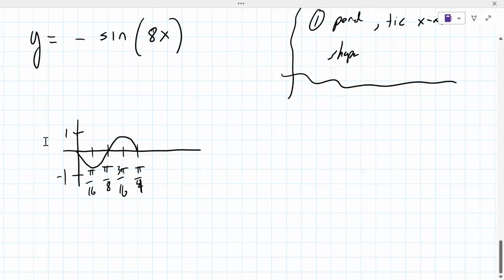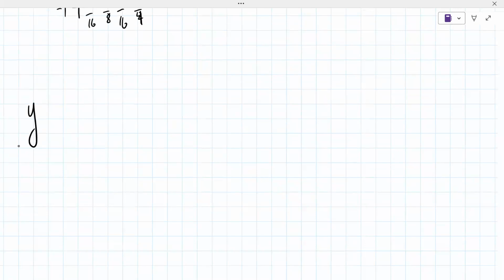All right, so let's have you try another one here. Pi over 4x, like that.